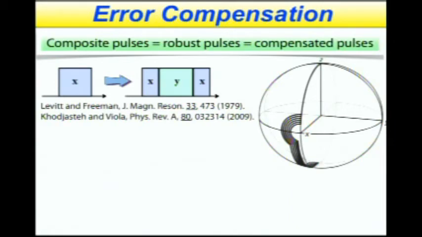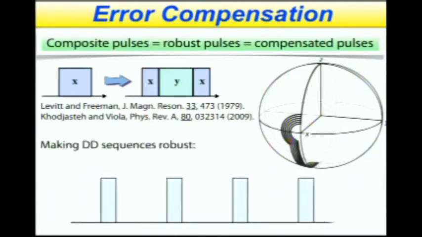But you can improve that if you insert a refocusing pulse into that pi pulse. So you split the two halves of the pi pulse, insert a refocusing pulse in between, which essentially eliminates the inhomogeneity in the rotating frame, and in the end you're close to the south pole again.